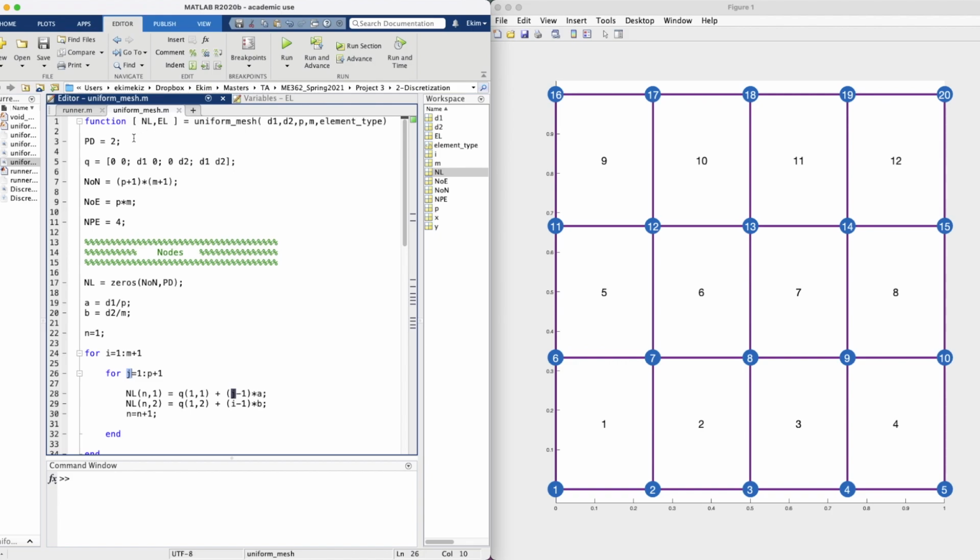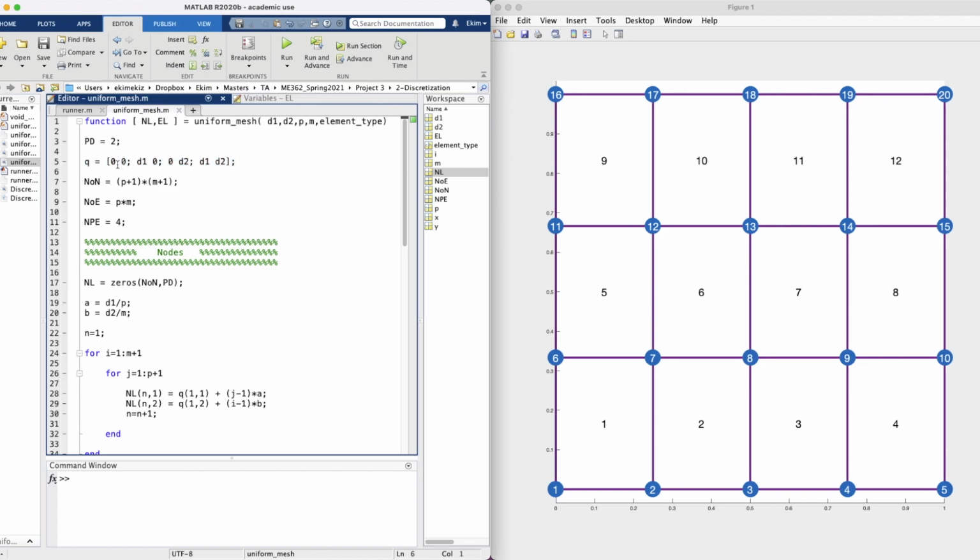We start with setting our problem dimension to 2. You can also read your problem dimension from the type of element you input, but since we are just looking at two-dimensional elements today, we just set it to 2. And then we have something called Q here. What is this Q?